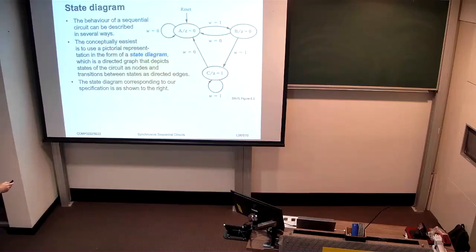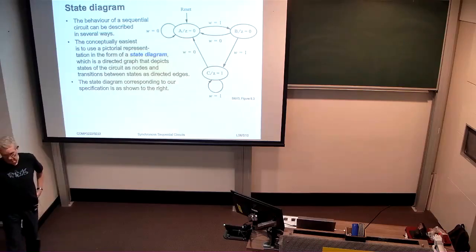We see that our reset state takes us into state A. In state A, we have not seen two 1s in the previous 2 cycles, hence the output Z has to be 0 in this state.